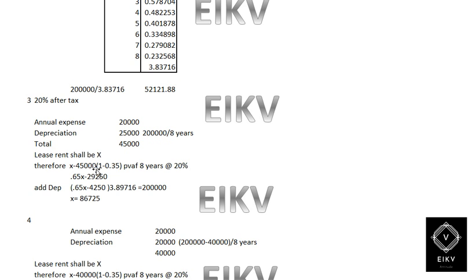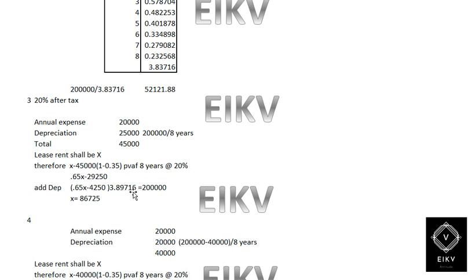Therefore, X minus 45,000, into 1 minus the tax rate, into the PV factor for 8 years at 20% would be the sum. When we convert it, it would be 0.65X minus 29,250. After computing this amount, we need to add back depreciation.